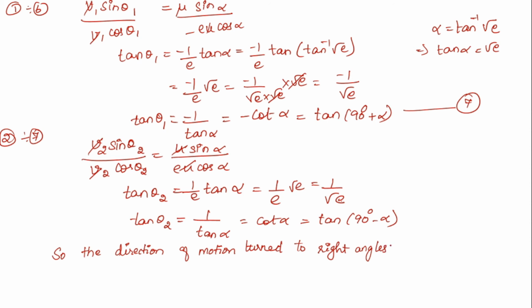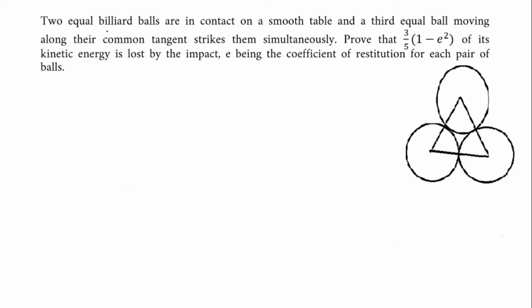So the next problem. In this problem they have given two equal billiard balls in contact on a smooth table, and a third ball moving along their common tangent strikes them simultaneously. Prove that 3 by 5 into 1 minus e square of its kinetic energy is lost by the impact, e being the coefficient of restitution for each pair of balls.